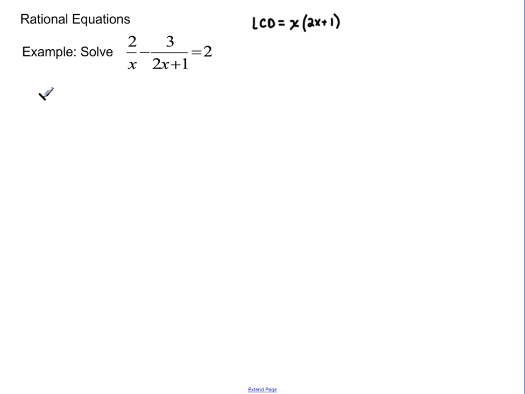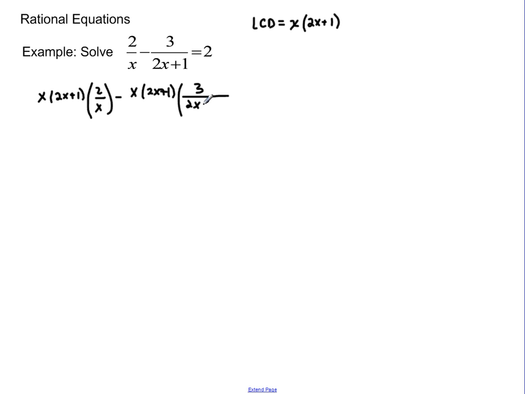So we would take x times 2x plus 1, multiply it by 2 over x. We're going to take x times 2x plus 1, multiply it by 3 over 2x plus 1.